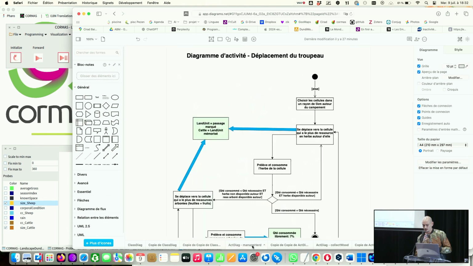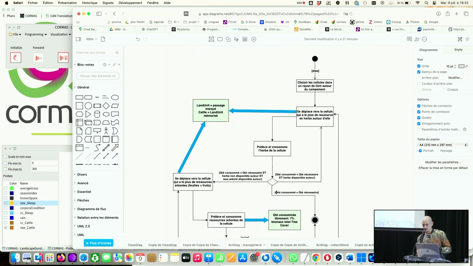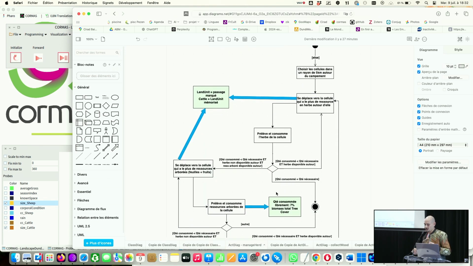After, we talked about the activity diagram. It's the beginning of the day, what I am doing, what the first step is, then the second step, and so on, until the end of the day.